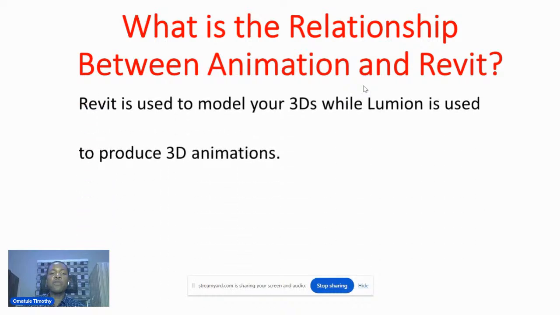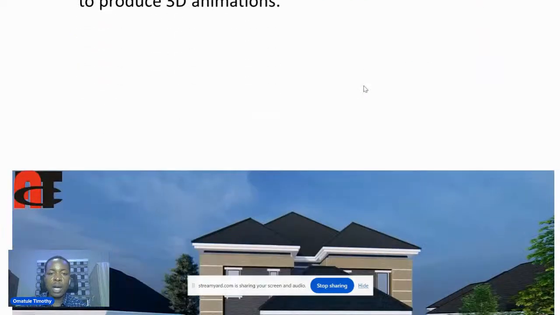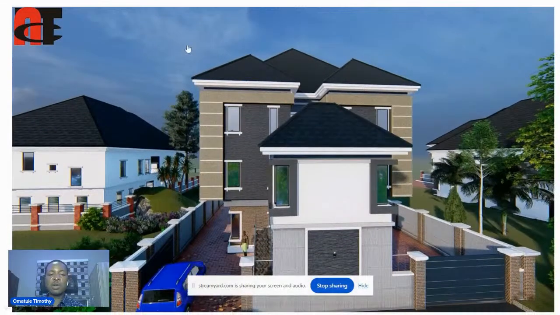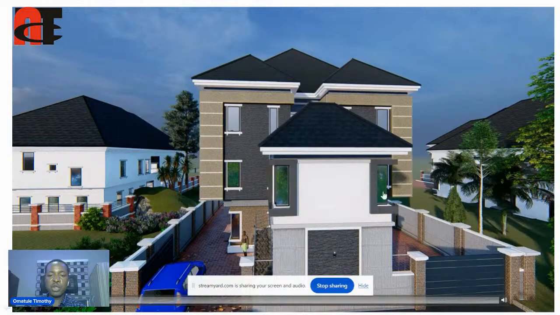Okay, so if you really want to produce animation, then you must learn how to use Revit to model. And if you also use ArchiCAD or SketchUp, those can help you to model. Then you can take it to Lumion for animation and higher quality rendering. All right. This particular one you are seeing now is an animation. Let me play it.